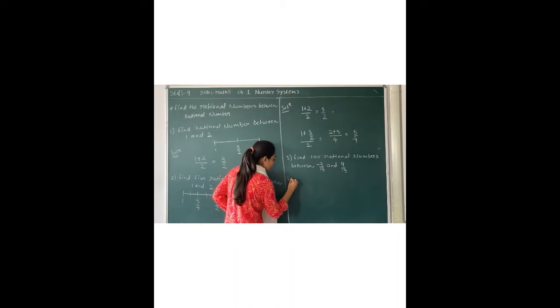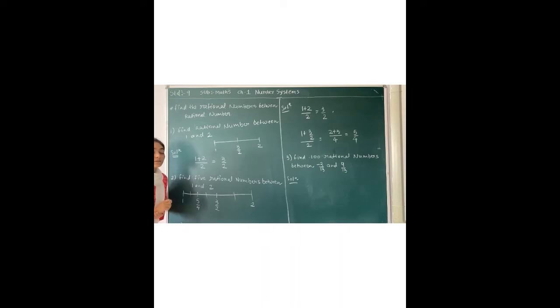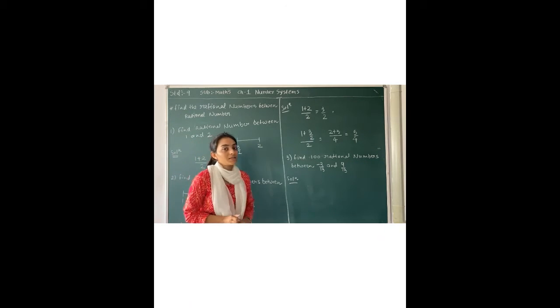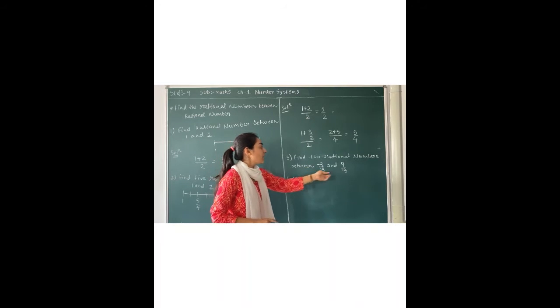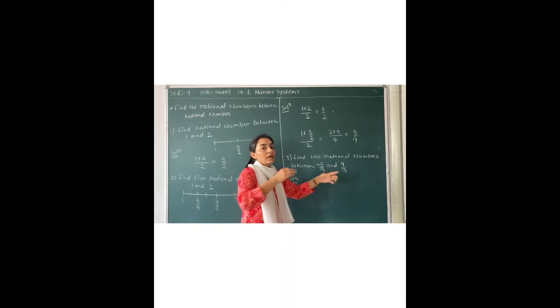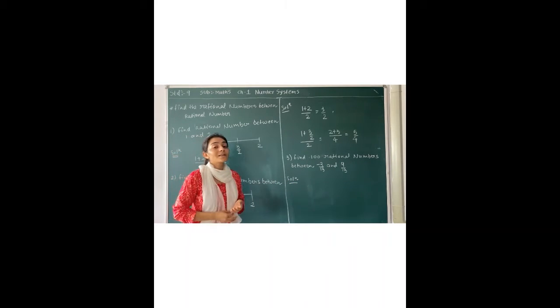We can use this average method, but this is quite lengthy. If you find the average between these two numbers and then again find the average between the new numbers, it is quite a lengthy process.